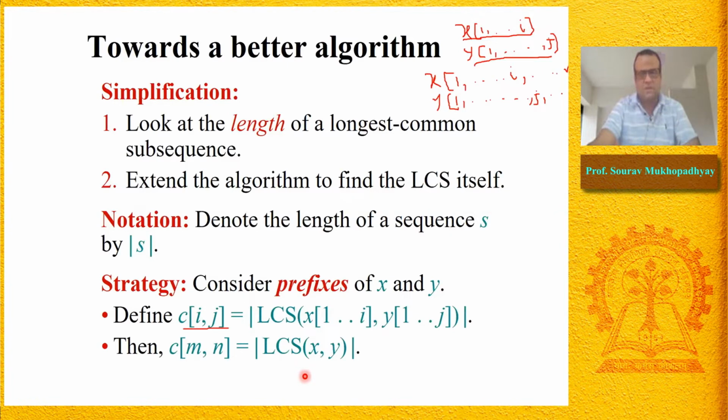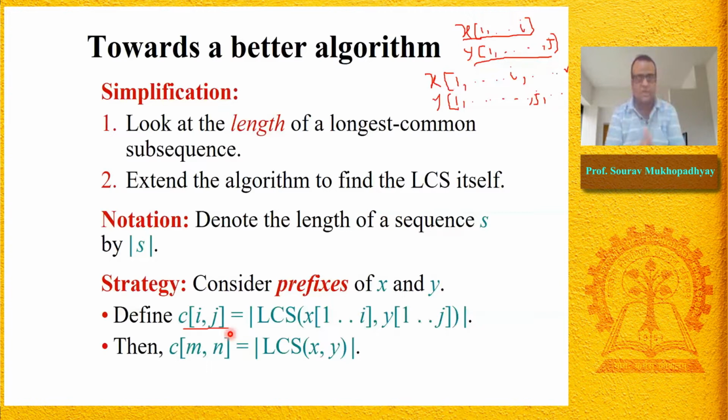That's why we break it into prefixes. If we can start with some lower values of i, with some bottom-up method, we'll discuss that, to get the upper values of i and j slowly, and then we can finally get Cmn. That is our ultimate goal.